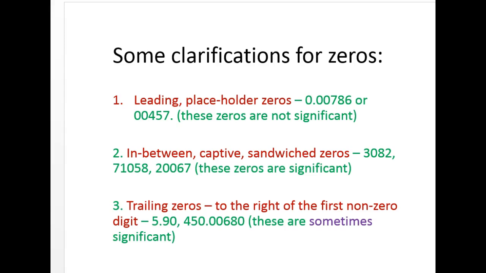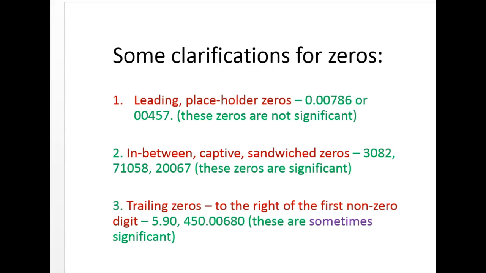Some clarifications. We have leading zeros. We could call them placeholders. Those are not significant. They're not considered significant figures. Then the second one, we have in-between zeros, or in some cases they're called captive zeros or sandwich zeros. These are zeros that are between numbers 1 to 9. They're between non-zero numbers, and these zeros are significant.